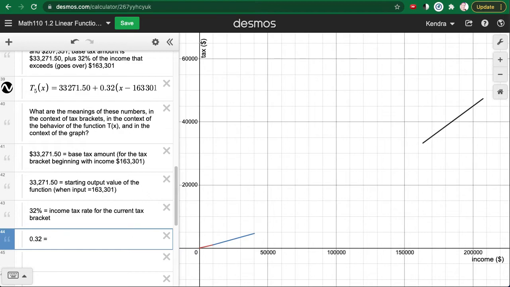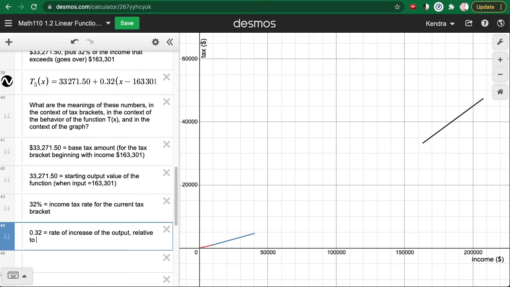In terms of the function, what is that income tax rate? That is the rate of increase of the function, of the output, relative to increase in the input.